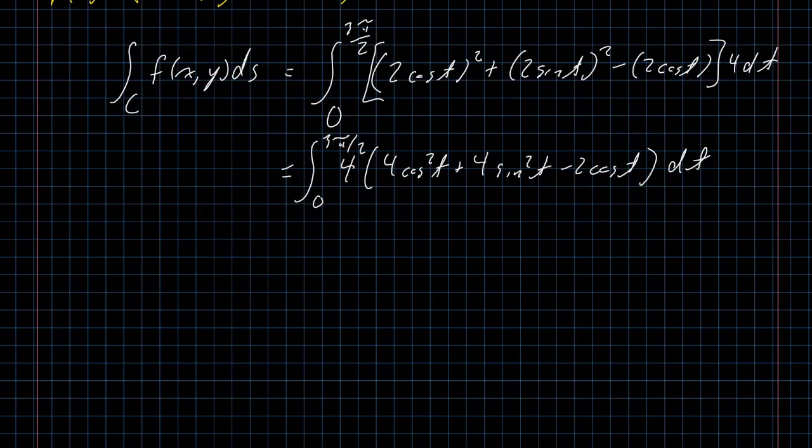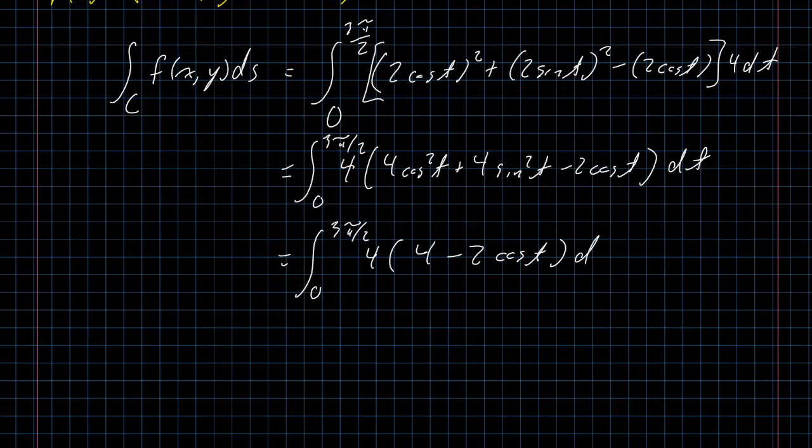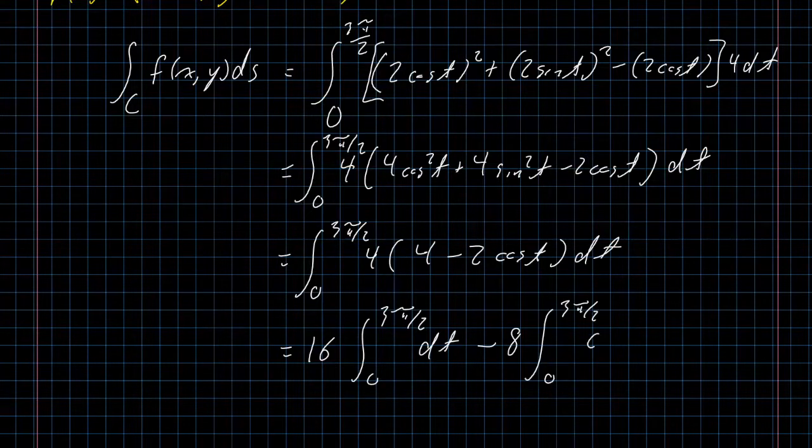So 4 cosine squared plus 4 sine squared is 4. And I might as well just split this into two integrals. So we'll have 16, 4 times 4, times the integral from 0 to 3 pi over 2 dt minus 4 times 2 is 8, integral 0 to 3 pi over 2 cosine t dt.